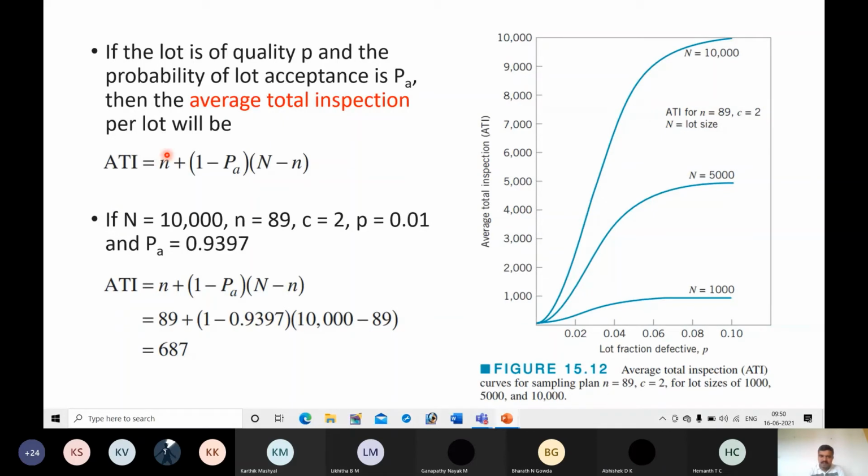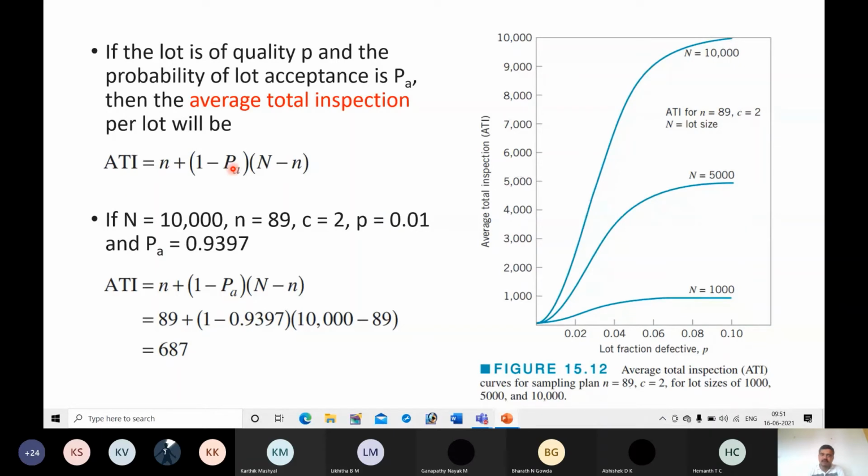Other than that, you are implementing rectifying sampling, only on the rejected lots. So 1 minus PA, where PA means probability of acceptance, 1 minus PA gives the probability of rejection.